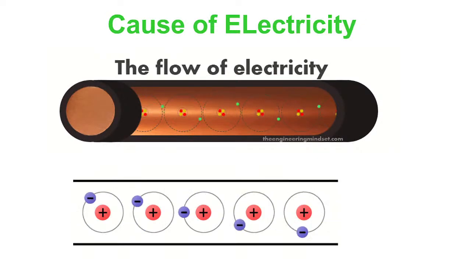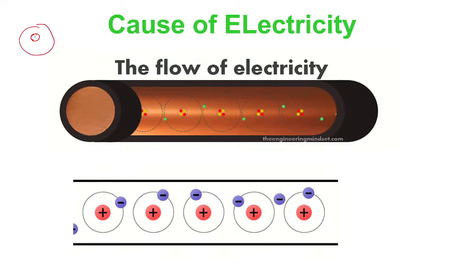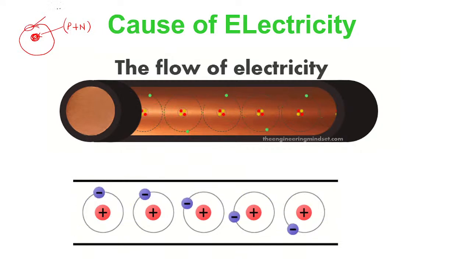Let us now understand the cause of electricity. As I already told you in the previous slide, what is the cause for the flow of this electron? We have learned about the structure of atom, and we have seen the atom consists of a centrally dense particle called nucleus, where lie protons and neutrons, and there are orbits around this nucleus in which electrons revolve. These electrons have got negative charge, whereas protons have got positive charge.